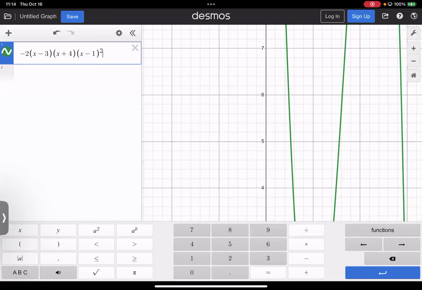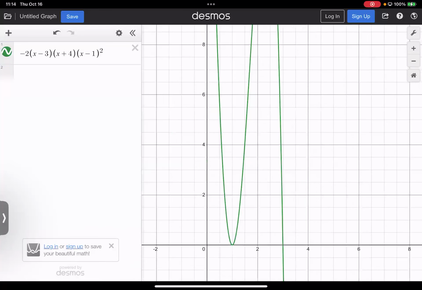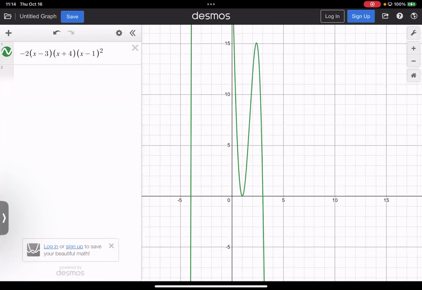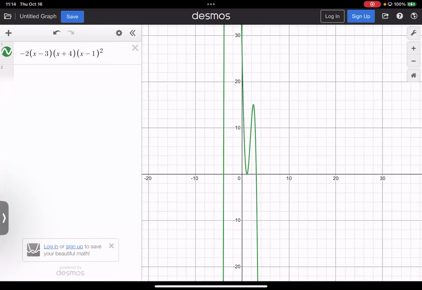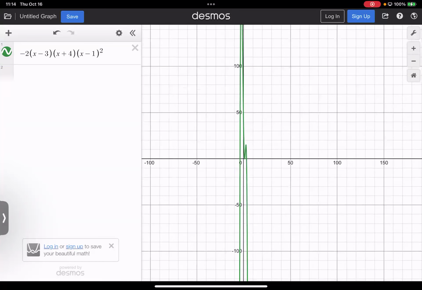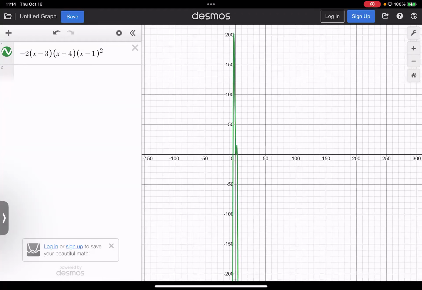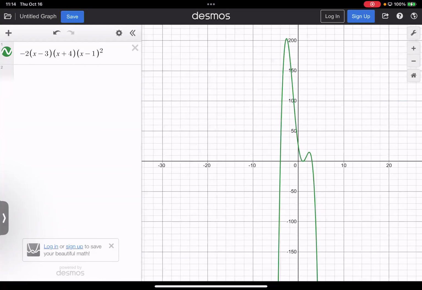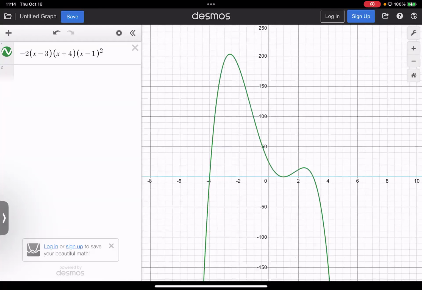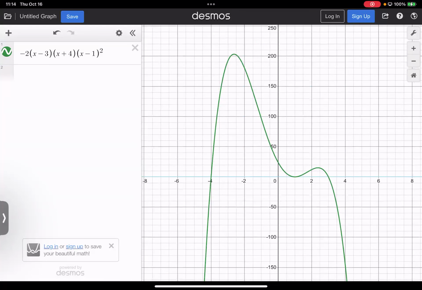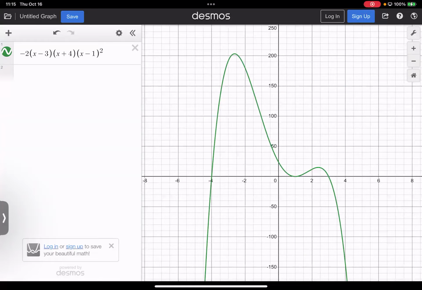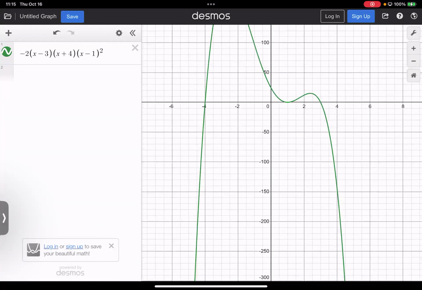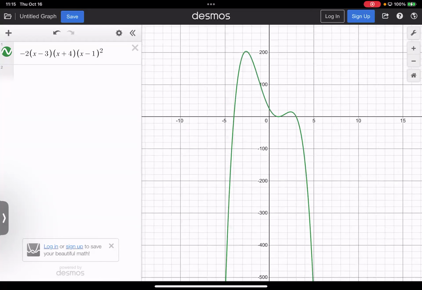Finally, something with some action. What's the action? Well, it's quite tall. It's going up to 200. So I'm going to zoom back out here. Look at that beauty. The end behavior, though, is what we expected, right?